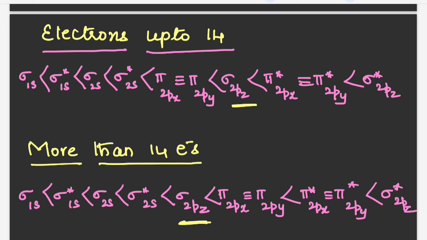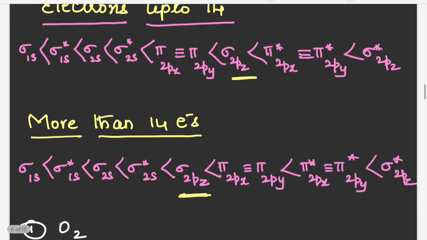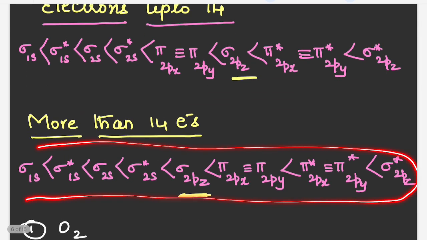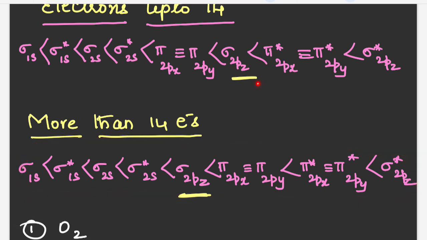So count the number of electrons. If it is up to 14, meaning it can be 8, 9, 10, 11, up to 14, you have to use this arrangement. For more than 14 electrons, you will use this other kind of arrangement of molecular orbitals. What is the difference in these two?